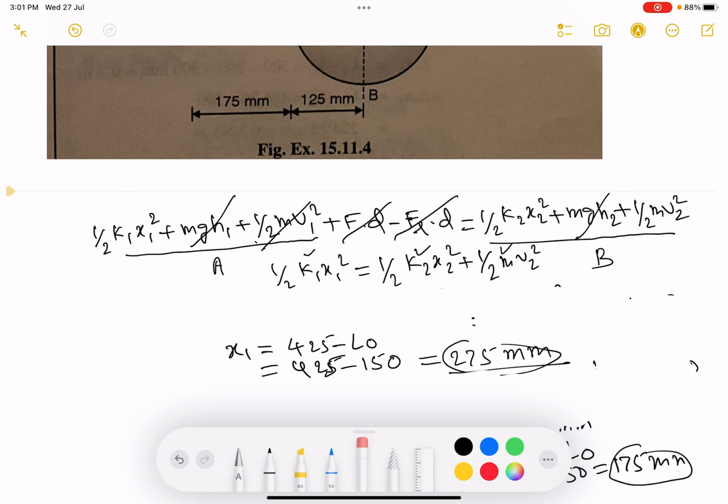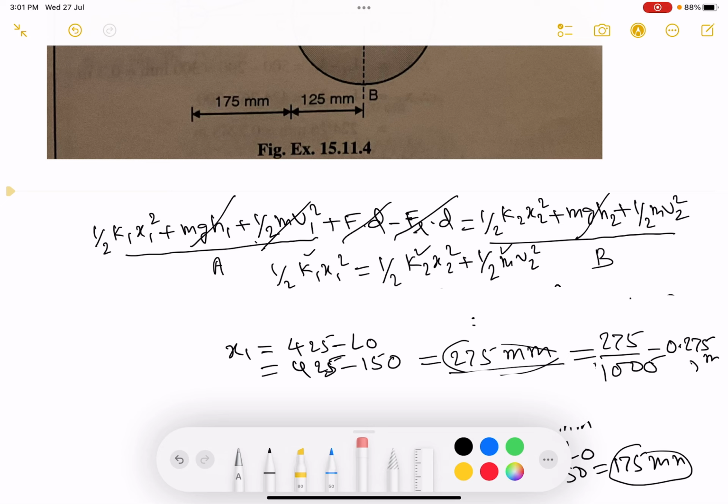In this equation we are going to write the values of x1 and x2. Please note that x1 is in mm, so we convert that into meters, because K, stiffness, is in newtons per meter. So 275 mm is 275 by 1000 meters, which is 0.275 meters. This is x1.